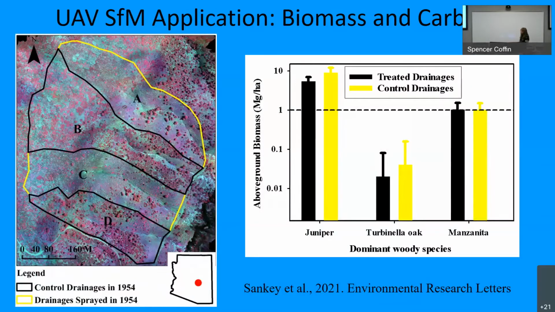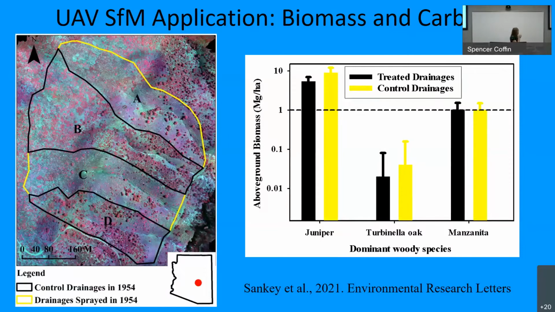Okay, so I'm now going to go through several examples of the fixed wing UAV data and how we're using it. In this example, I flew the fixed wing UAV in central Arizona at the Sierra Ancha Experimental Forest that's been monitored by the Forest Service for about a century now.